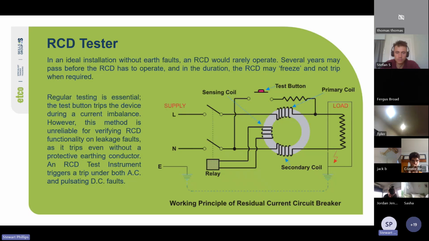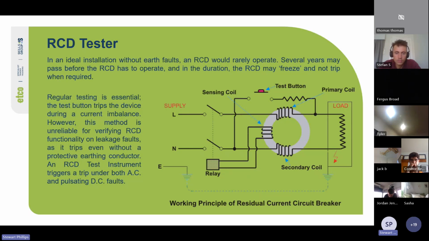What happens with the test button is it bridges across the neutral and line side, thus creating an imbalance in the current, causing a fault and tripping the RCD.